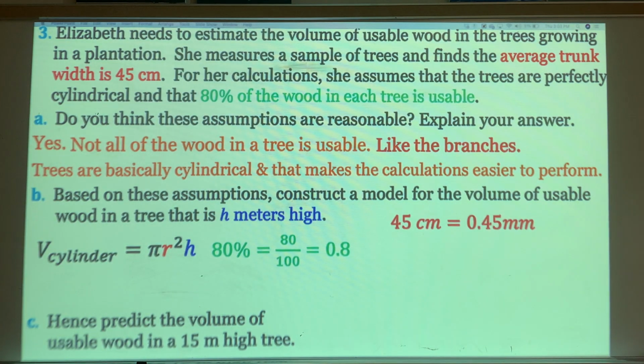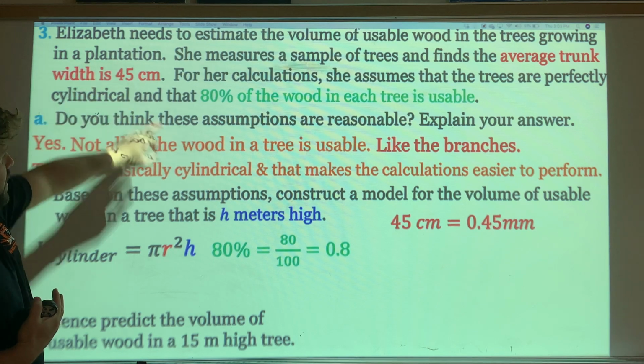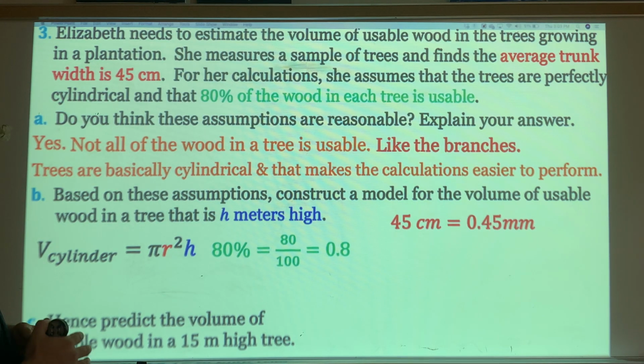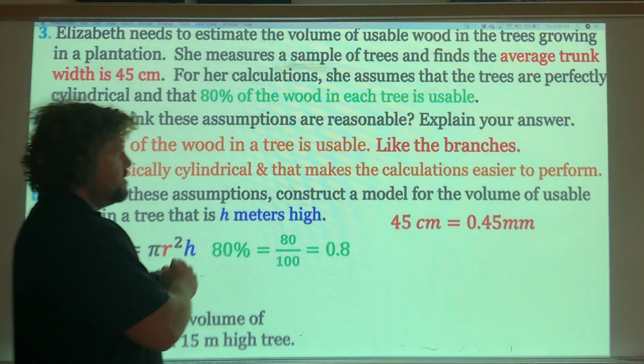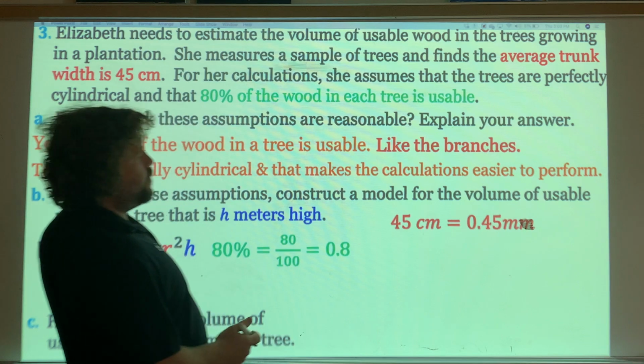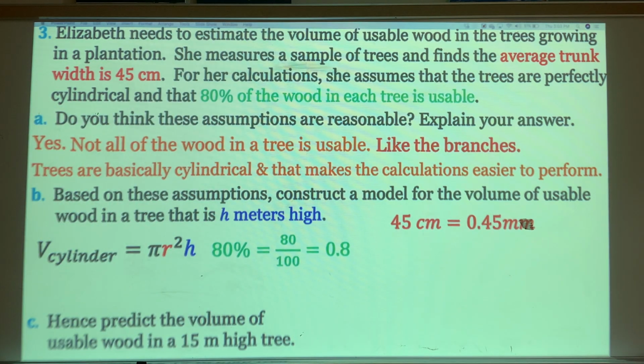Now 45 centimeters, because we're dealing with meters, that should just say meters. There's 100 centimeters in a meter, so that's 0.45 meters. All right, so now we do that, but we know we don't want the width.